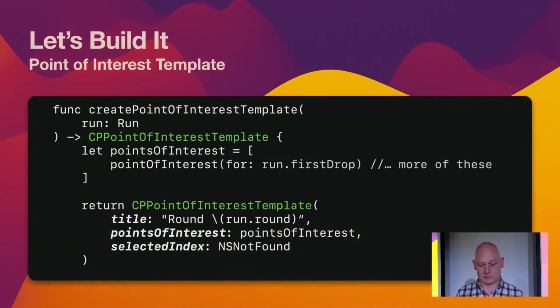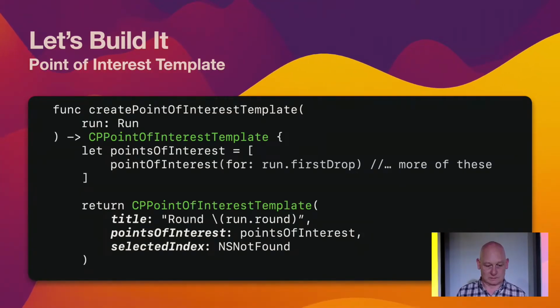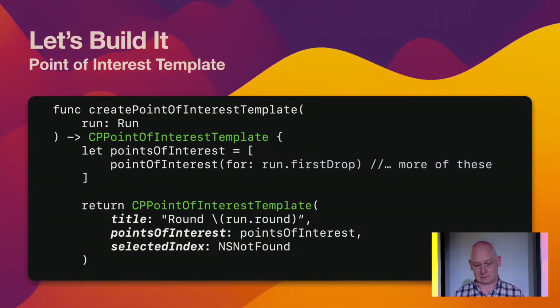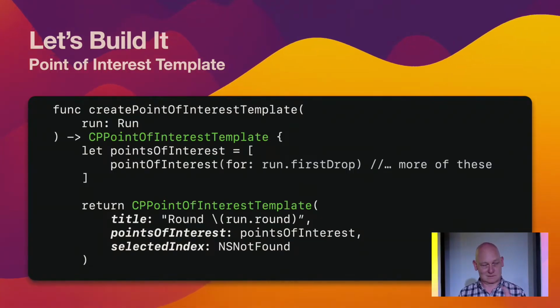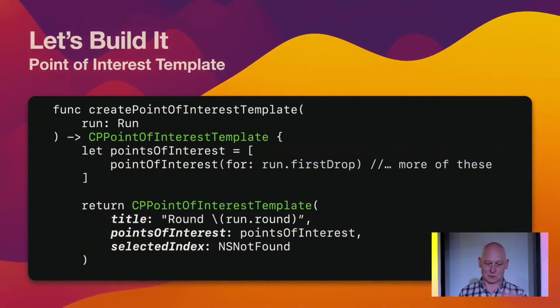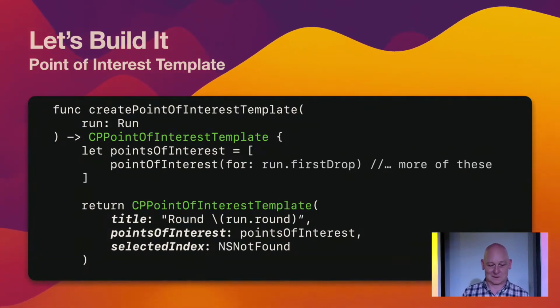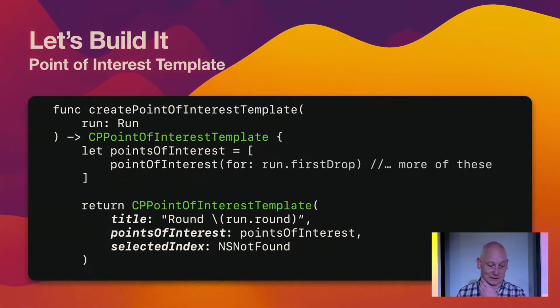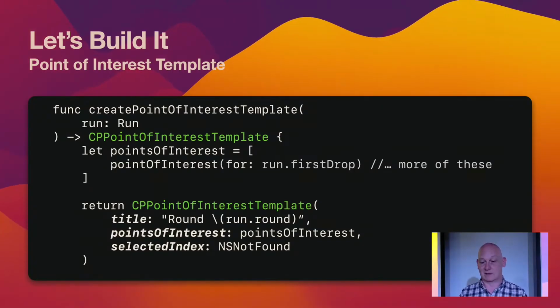This is the point of interest state if you have data. The point of interest template, I don't like the naming of this because it should be point of interests template, I think, because it's an array of multiple points of interest. But anyway, it's called point of interest template. And this is the same pattern again. It's a title and then an array of things. And in this case, the array of things is an individual point of interest.